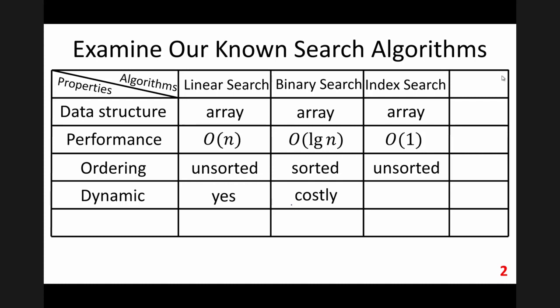If you want to add a new element into an ordered array, you need to fix it with big O of n. That's costly. For the unordered one, you do not need to fix it, because there is no order requirement. We don't need to fix it.